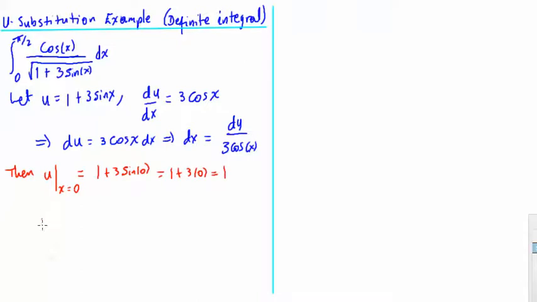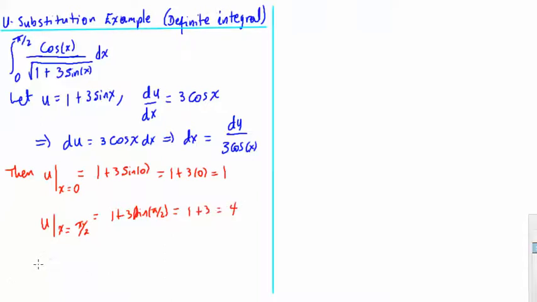And u at x equals pi over 2 is 1 plus 3 times sine of pi over 2. But sine of pi over 2 is 1, so it gives me 1 plus 3, which is 4.